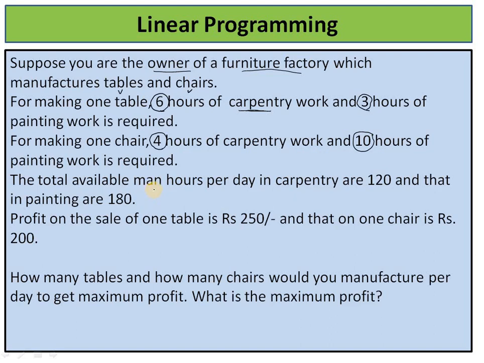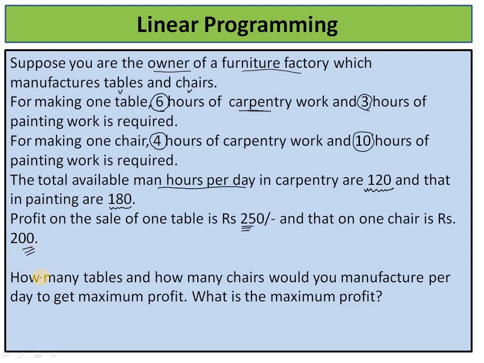Now total man hours available per day in carpentry are 120 and total man hours available in the painting department are 180. Now profit on one table is 250 rupees and on one chair is 200 rupees. Understood children?